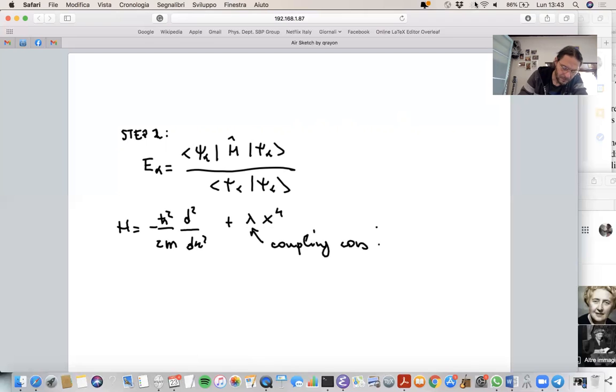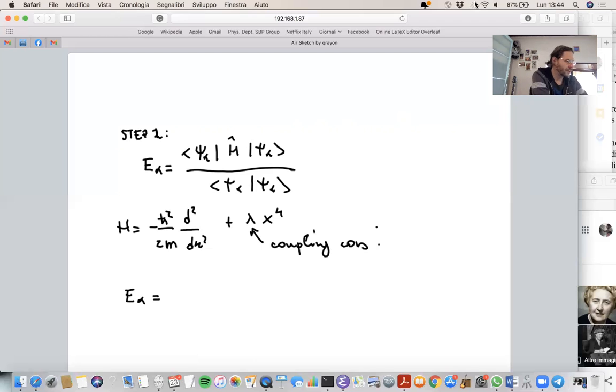So I'm going to use any program that allows the computer to solve this problem. And in particular, I use Mathematica to do the integrals.